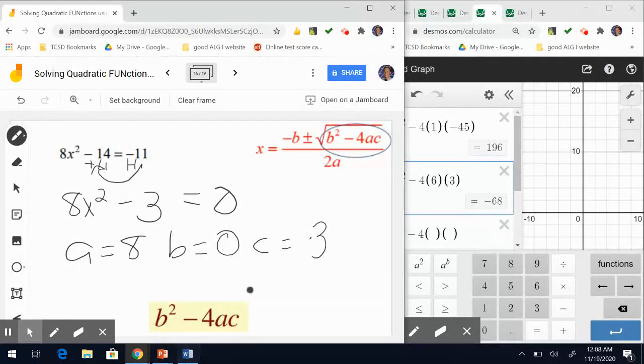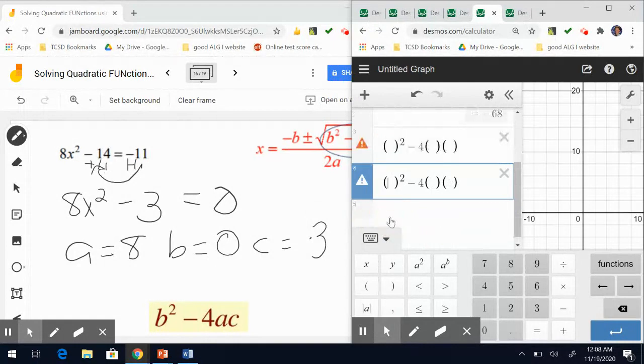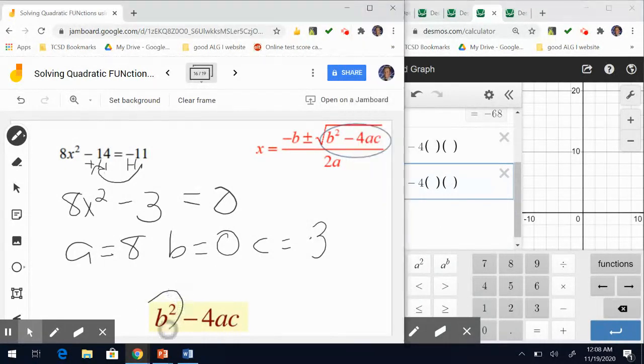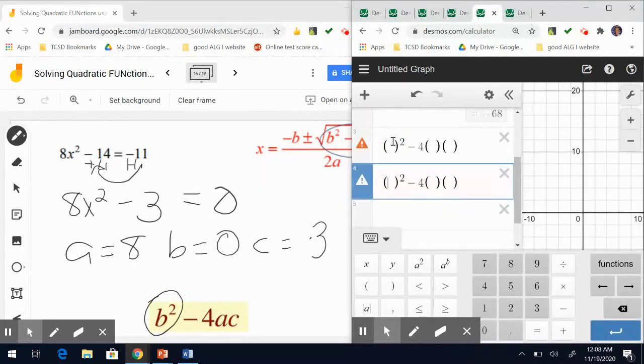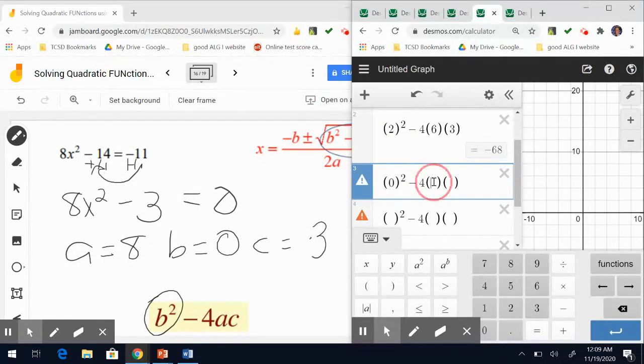Okay, why is the b value 0? Because there's no x term. So when I go to plug this in, how many solutions does this have? It's the b squared, so make sure that we get that. So this is 0 squared. A is 8. C is negative 3.